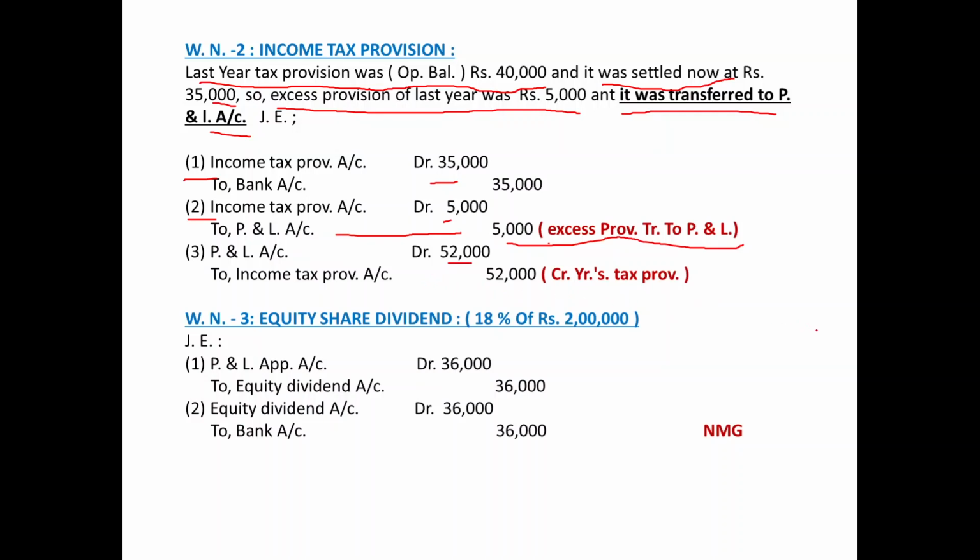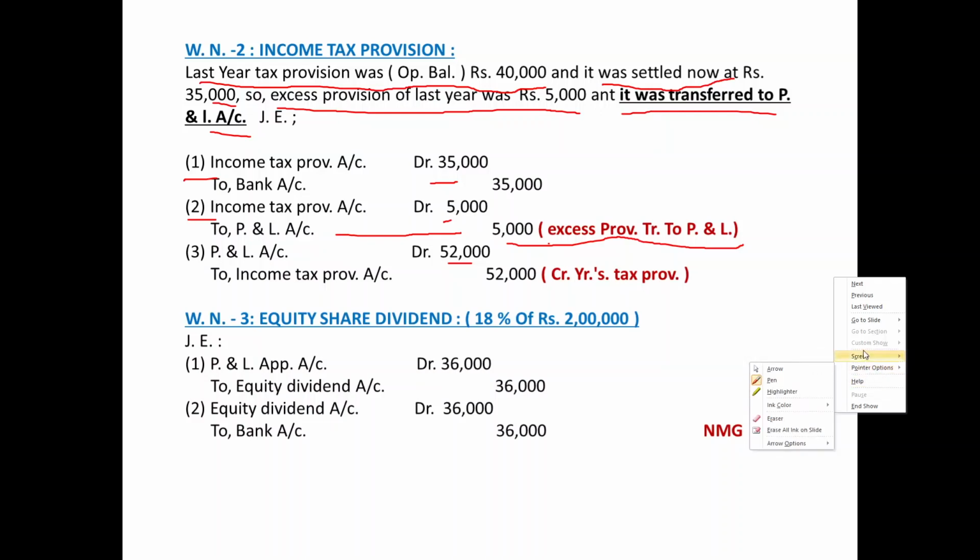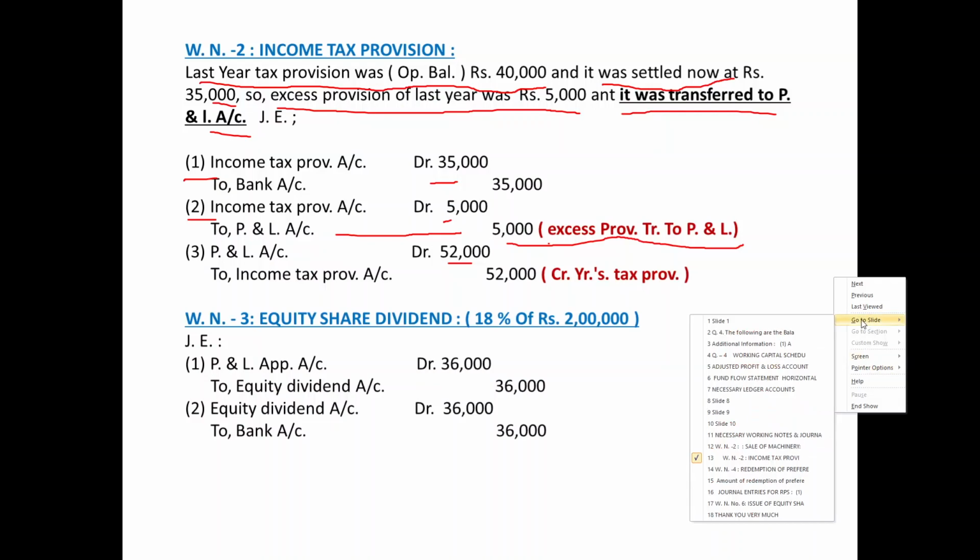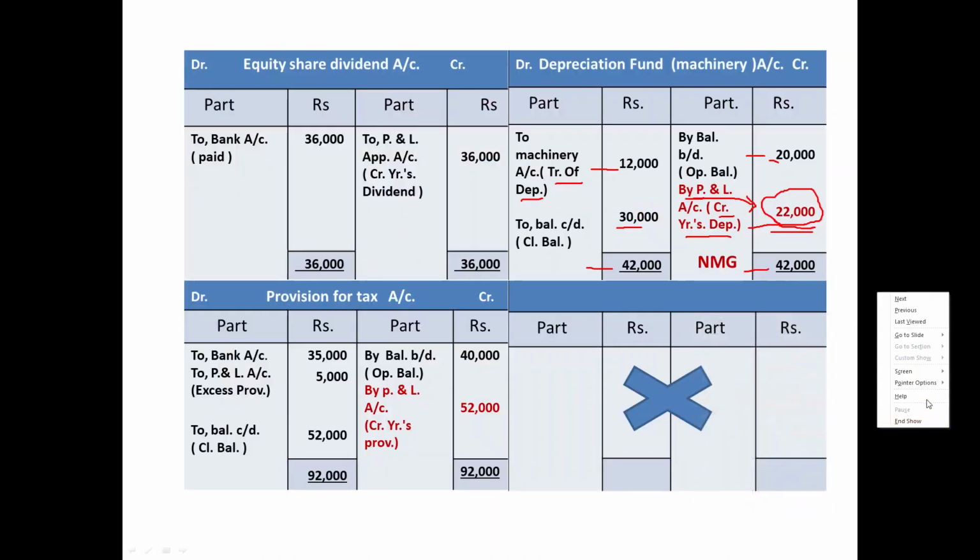52,000. Let us see the income tax provision account for the purpose of posting as well as for the purpose of closing balance also. Income tax provision account. Have a look. Opening balance 40,000.